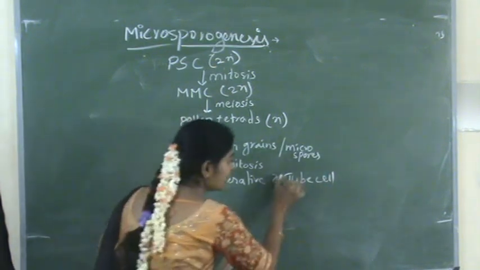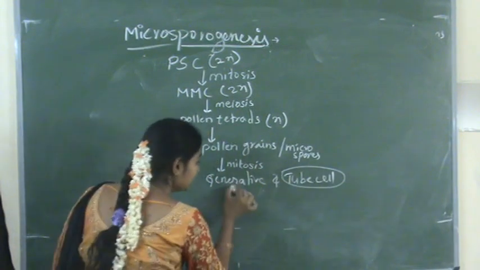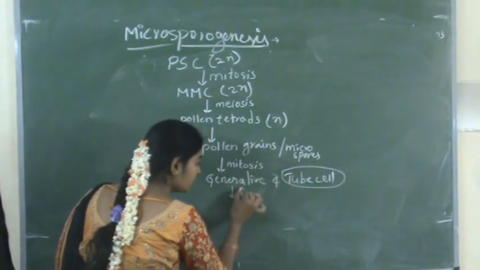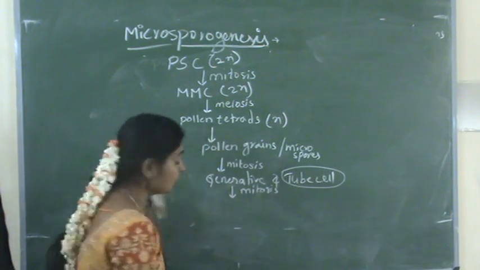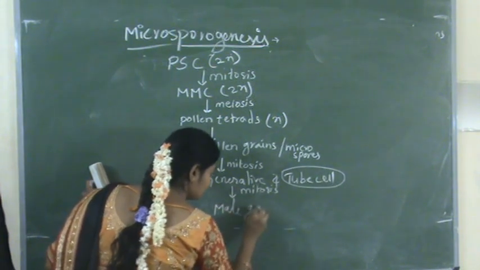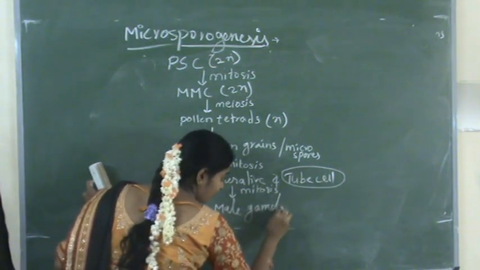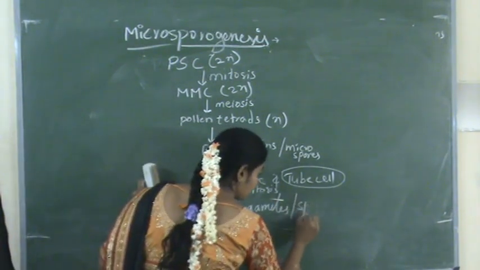And this tube cell degenerates, and the generative cell undergoes mitosis and produces the male gametes. Male gametes are sperms.